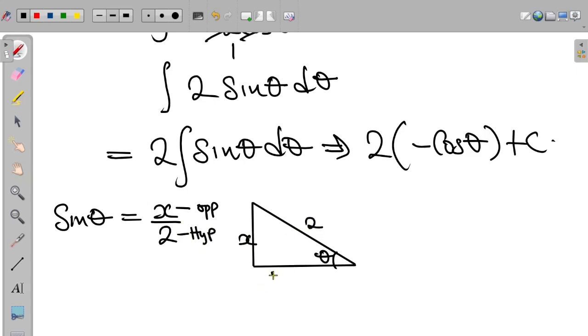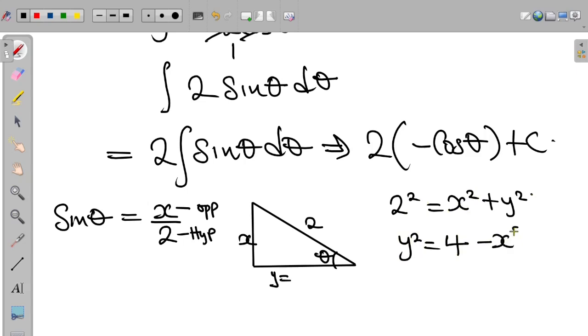Now, let's name here y. We know by Pythagoras theorem that 2 squared will be equal to x squared plus y squared. So y squared will be equal to 4, because 2 squared is 4, and x squared moves to the left hand side, giving minus x squared. Thus, y is equal to root of 4 minus x squared.